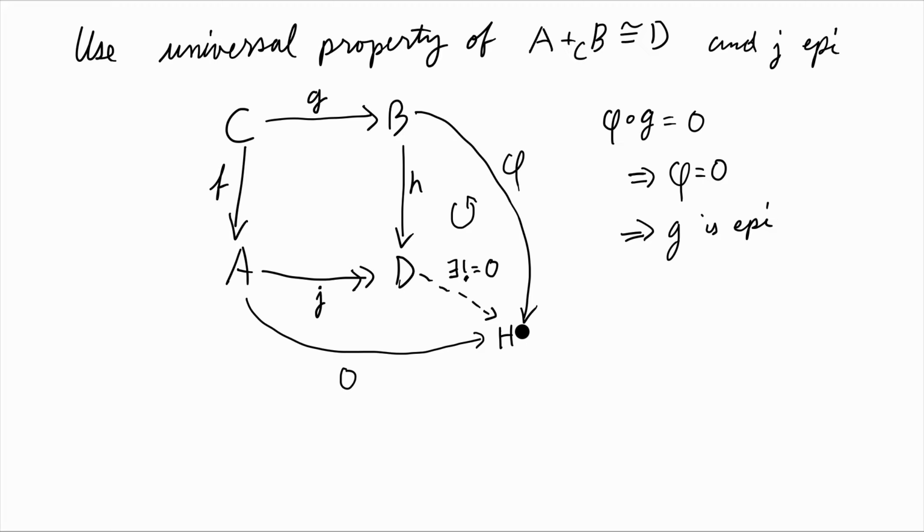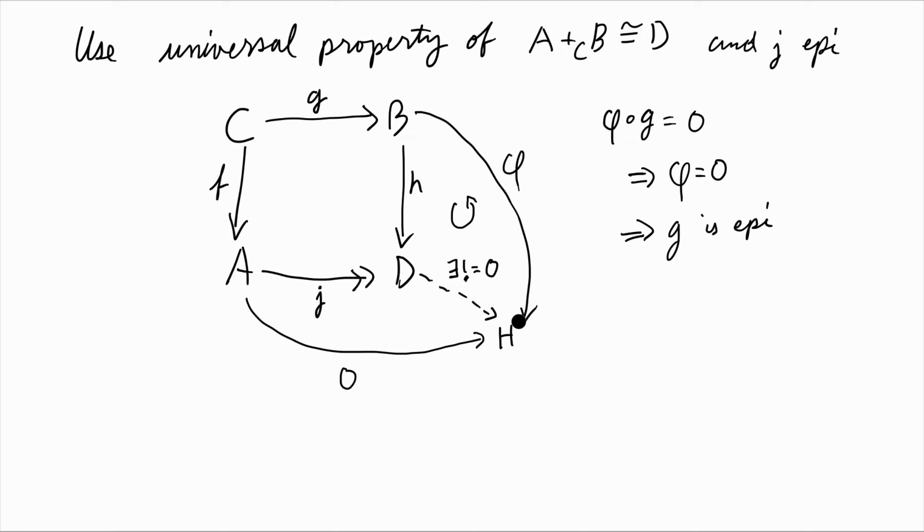And then what we can do is, why don't we just attach the zero morphism from A right there. Then we have a diagram that makes this whole thing commute with a 0 there and that map going to 0 there. And there is a unique morphism that goes from D to H such that makes everything commute.